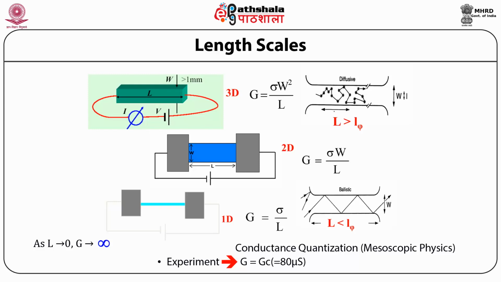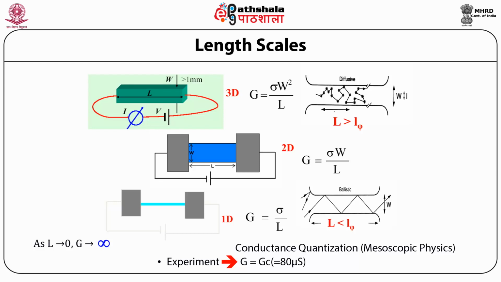Apparently, this seems that there would be no resistance at all in a conductor whose length is less than L phi.